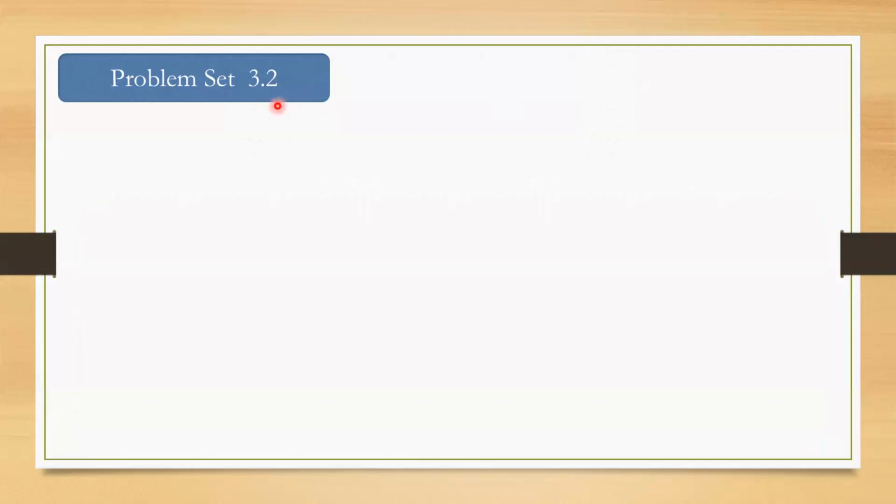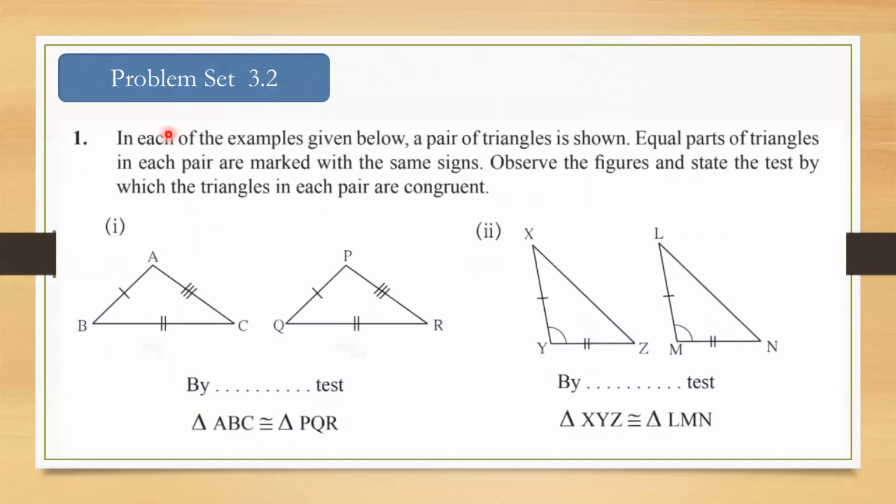Now let us solve problem set 3.2. The first question is: in each of the examples given below, a pair of triangles is shown. Equal parts of triangles in each pair are marked with the same signs. Observe the figures and state the test by which the triangles in each pair are congruent.